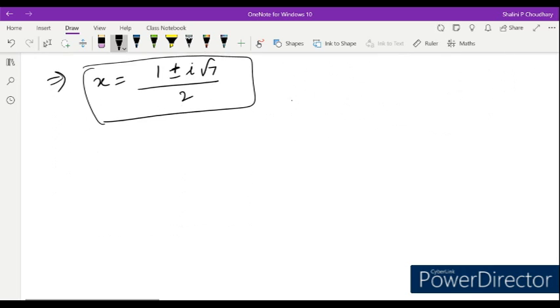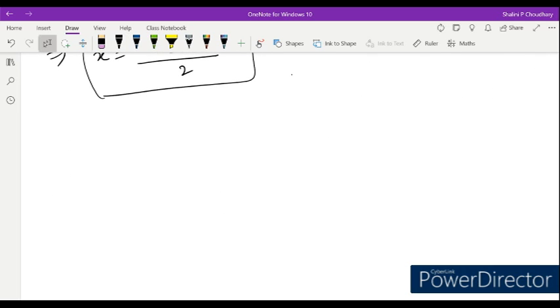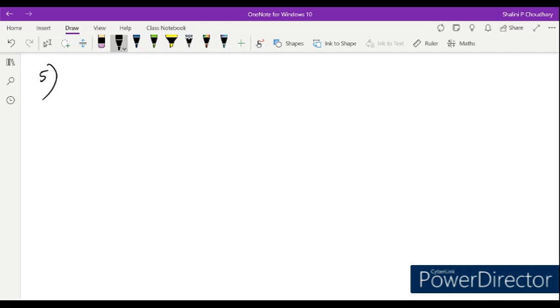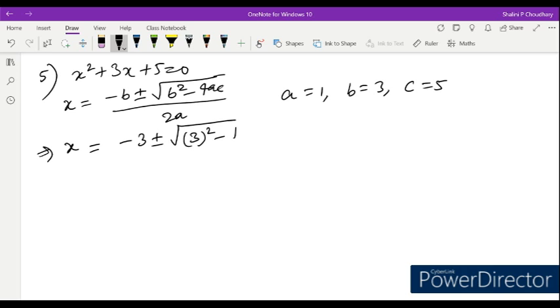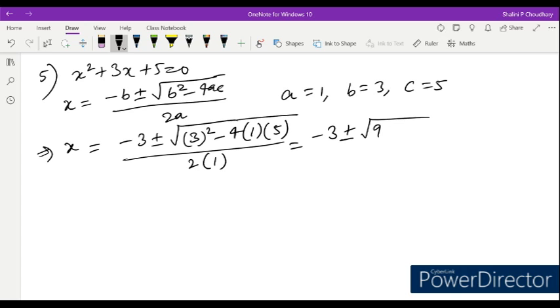Okay, next question number 5. x square plus 3x plus 5 is equal to 0. x के two roots क्या होंगे, minus b plus minus square root of b square minus 4ac divided by 2a. Okay, and a का value 1, b का value 3 and c का value 5. So x will be equal to minus b, so minus 3 plus minus square root of b square मतलब 3 का square minus 4 into a into c, divided by 2 into a, okay, plus minus 9 and 4 into 5 20, divided by 2.